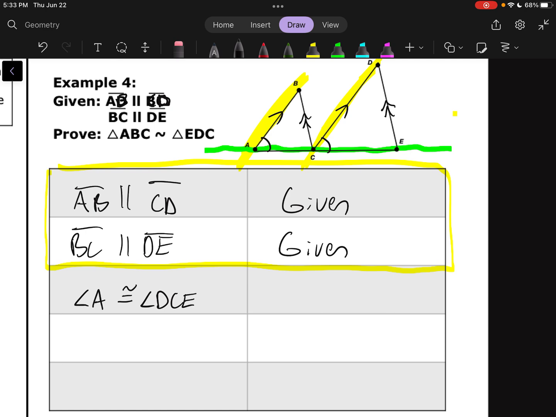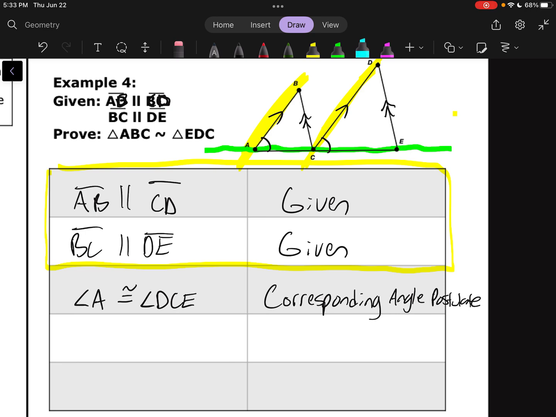Angle A is congruent to angle DCE because those are corresponding angles. And that's the corresponding angle postulate. So we got one set of congruent angles. Once again, you should automatically be thinking about angle pairs if you see parallel lines in the given.